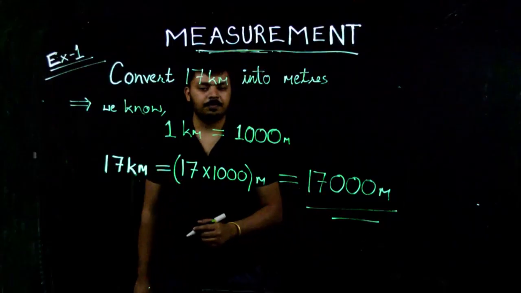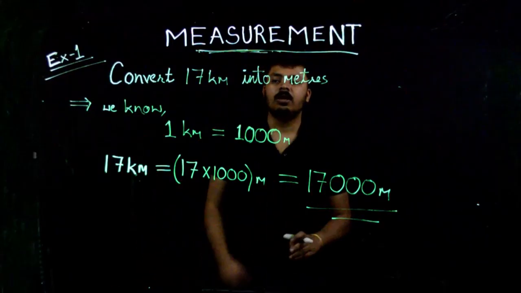So this is our answer. So 17 kilometer is equal to 17,000 meters.